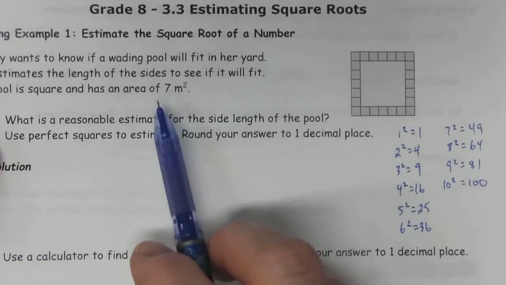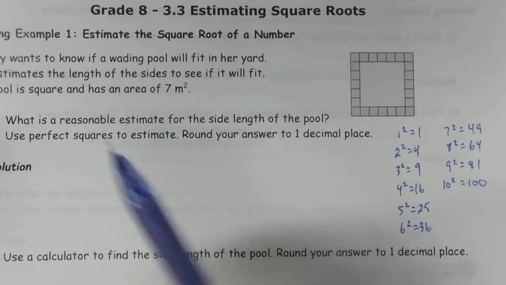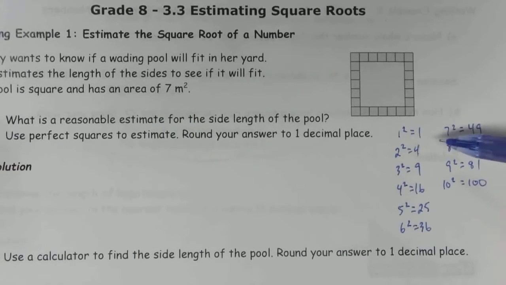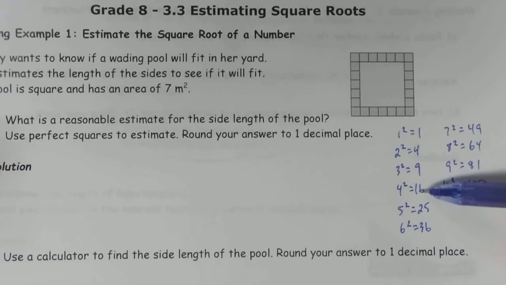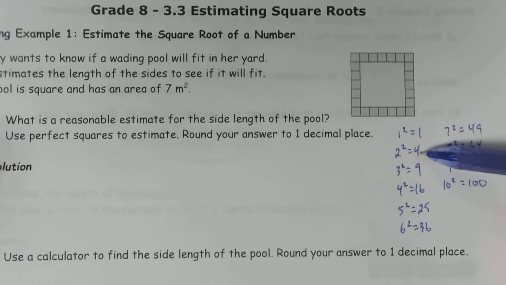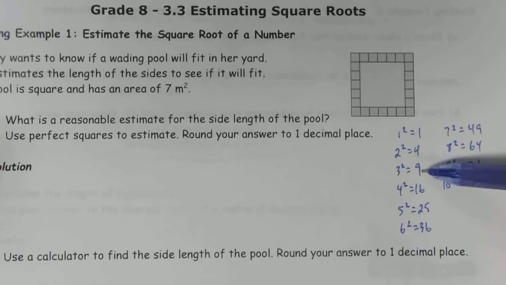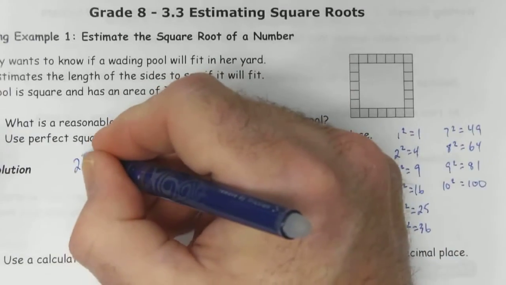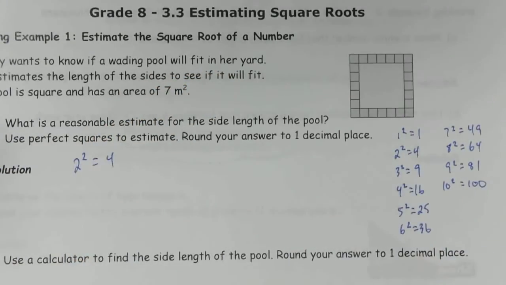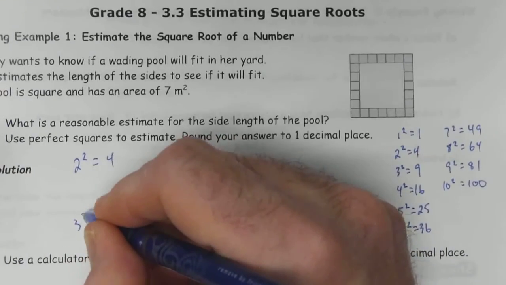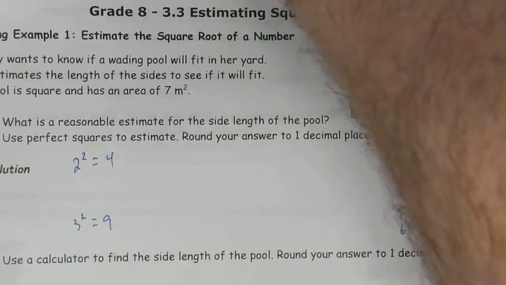Alright, so we've got an area of 7 meters squared, and it's a square, so we need to look in the right hand side of these, and 7 falls between 4 and 9. So we know that 2 squared is equal to 4, and 3 squared is equal to 9.